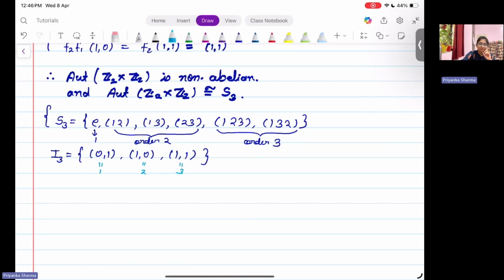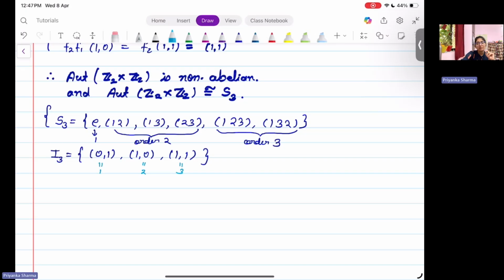So in (1 2), the image of (1, 1) will be (1, 1), and (0, 1) and (1, 0) will be interchanged. Now what about (1 2 3)? The image of (0, 1) will be (1, 0), the image of (1, 0) will be (1, 1), and the image of (1, 1) will be (0, 1).